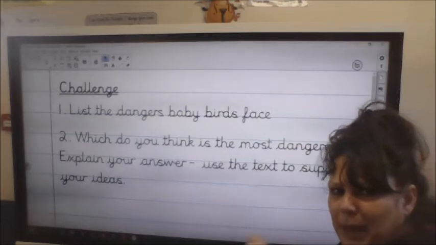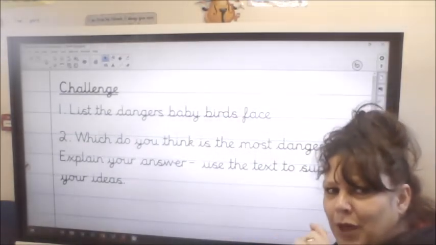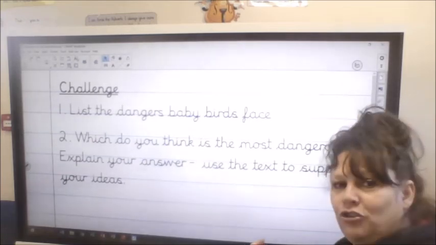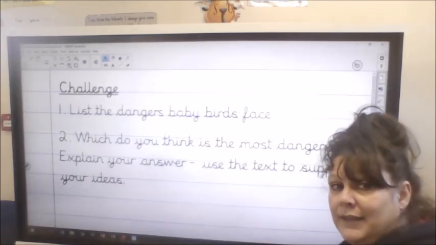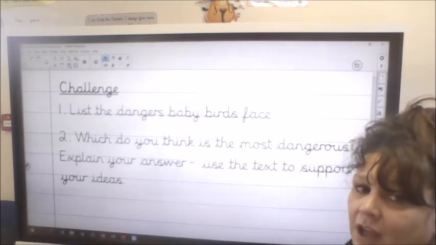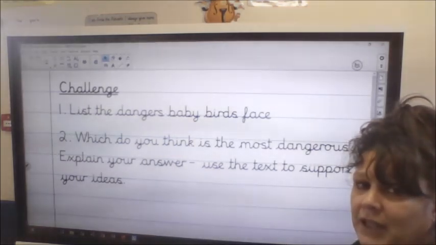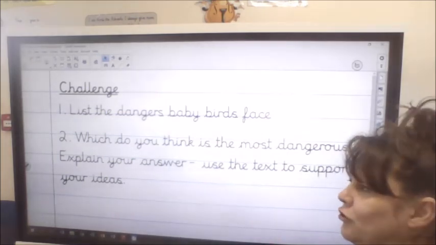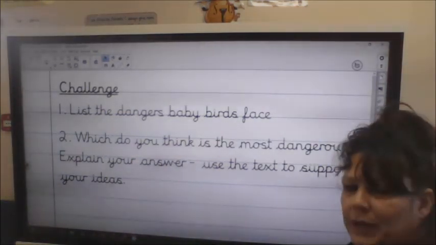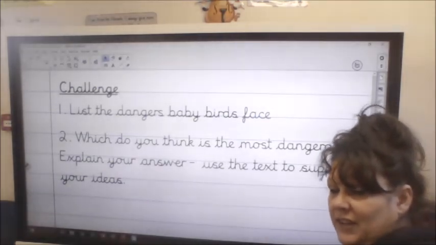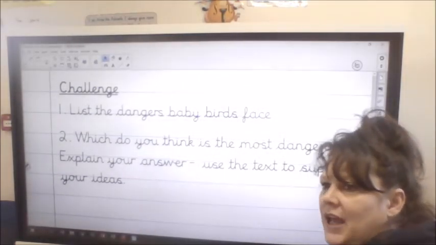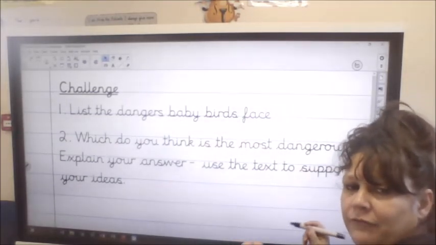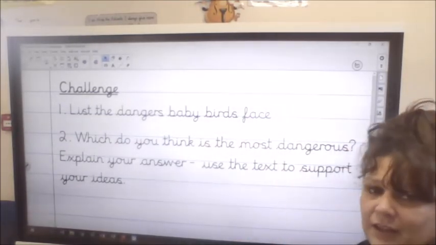And if you think it's badly built nests that is the biggest danger to the baby birds, you'd say, I think it is the parent birds building nests very badly, or the structure of the nest being very badly built by parent birds, because it says in the text, this tells me, or this shows that. So I want that kind of phrase in there. I want that little bit of detail.